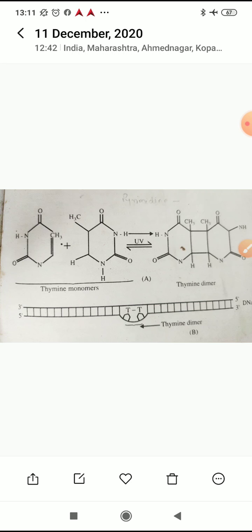Adenine on deamination in presence of nitrous acid changes into hypoxanthine. Similarly, cytosine is converted into uracil and guanine into xanthine.